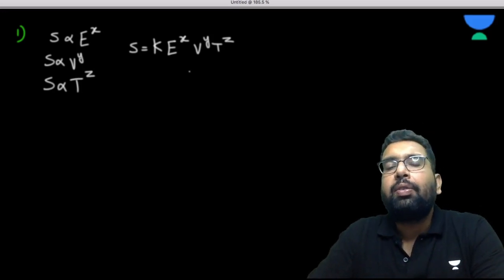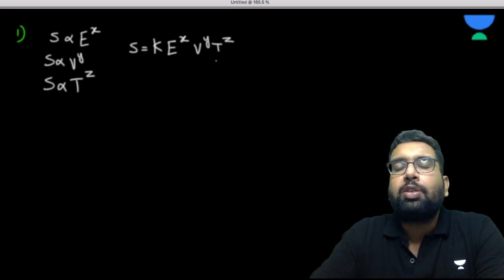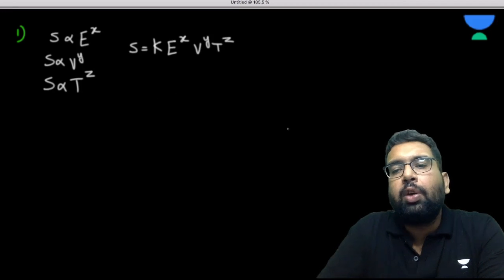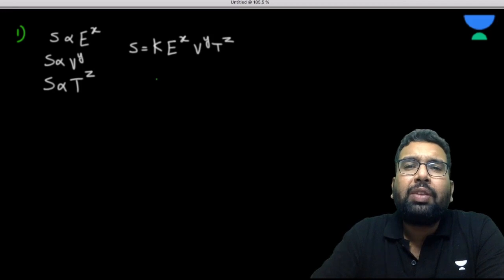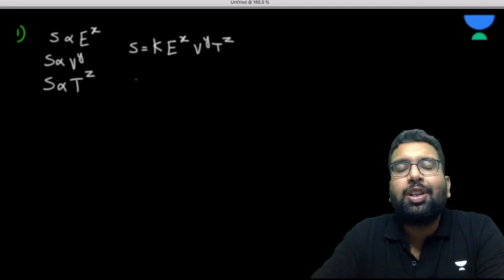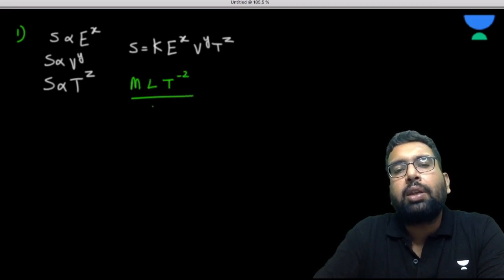Here we want to find x, y, and z. What is the dimension of surface tension? If you don't remember, no worries. Surface tension is force per unit length. The dimension of force is M L T minus 2, and the dimension of length is L.